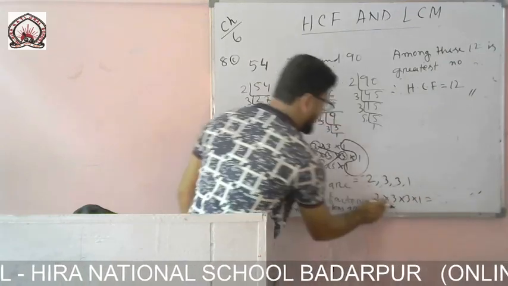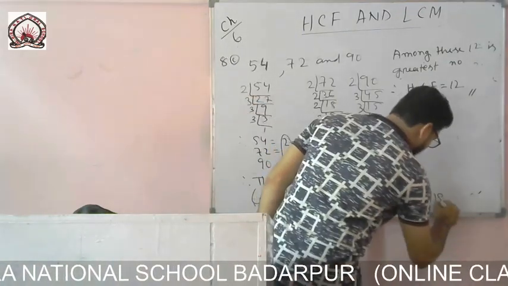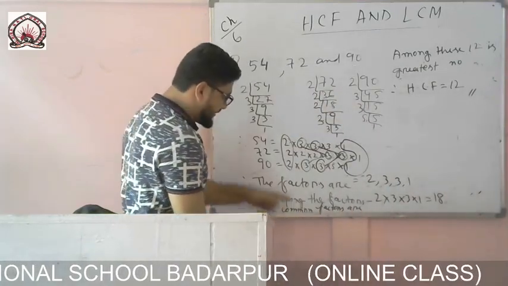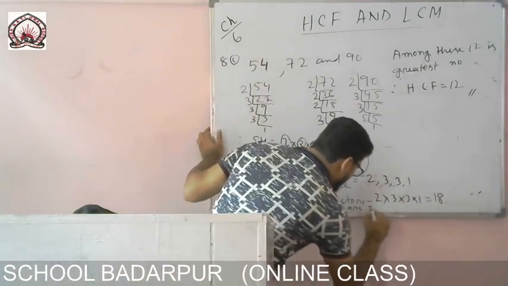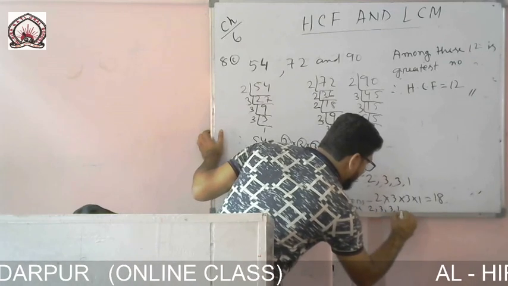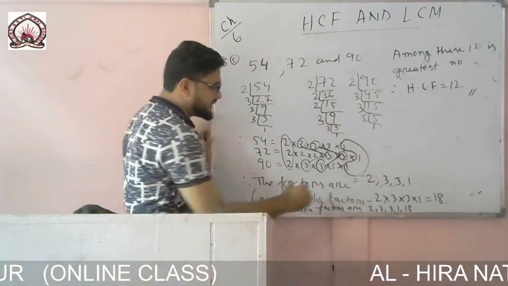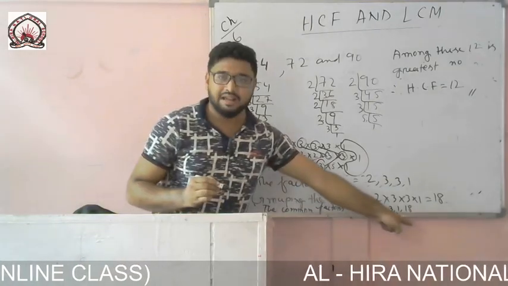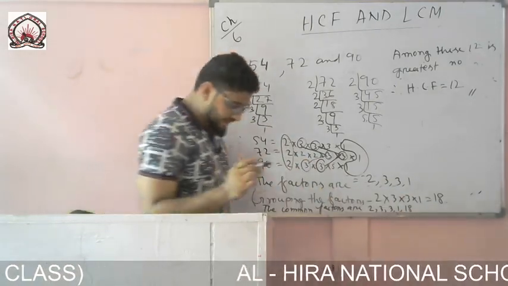It is 2 3s are 6, 6 3s are 18. Therefore the common factors are 2, 3, 3, 1, 18. So among these, which one is greater? 18 is greater. So 18 is the answer here.